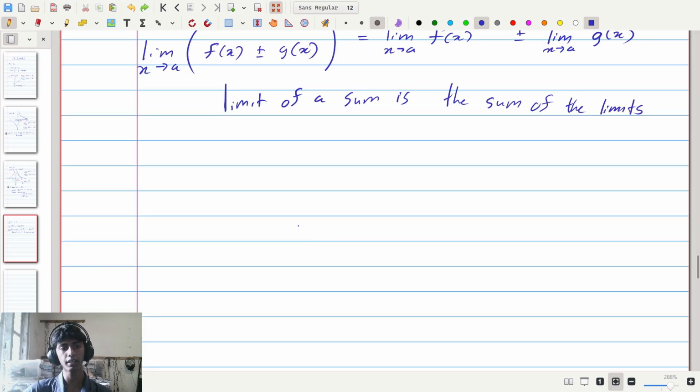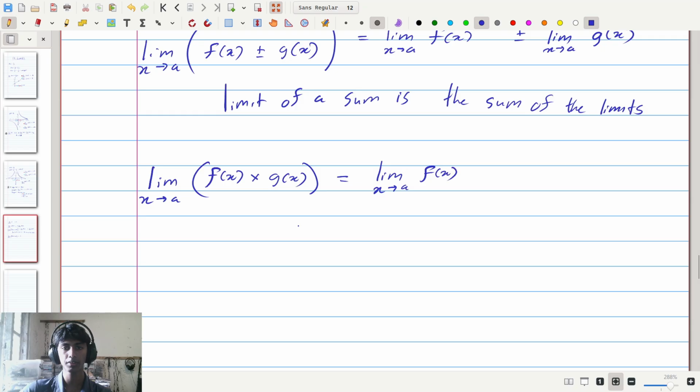A similar rule to this is that the limit of a product is the product of the limits. If we have the limit as x approaches a of f of x multiplied by g of x, as in a product of two functions, this is the same as the limit of the first function multiplied by the limit of the second function.